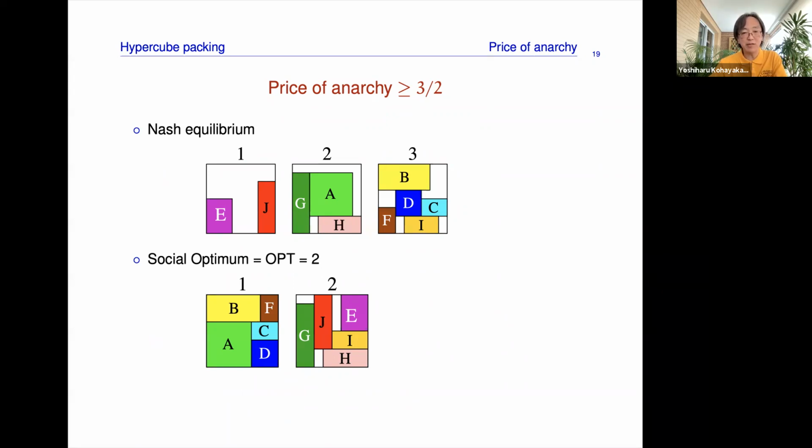That's a lower bound for the price of anarchy for this instance. They didn't achieve 2 because they worked selfishly. So the society here is anarchical, and the price of anarchy is at least 3 halves for this instance.